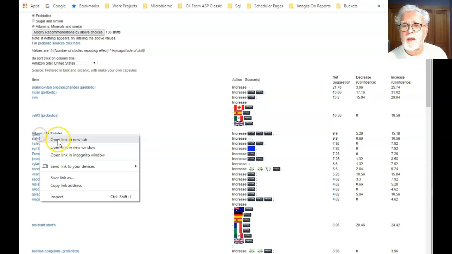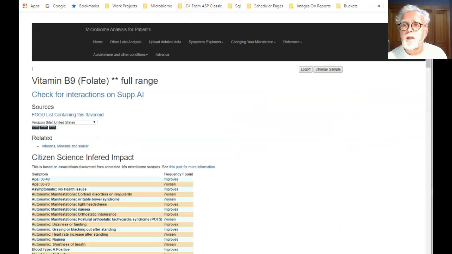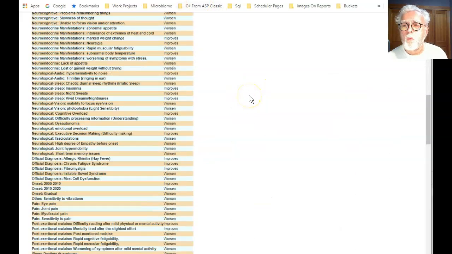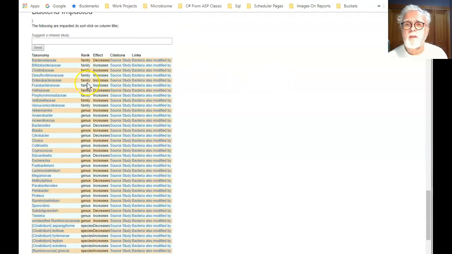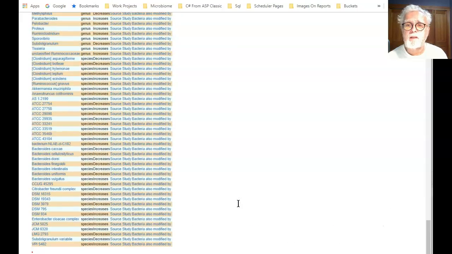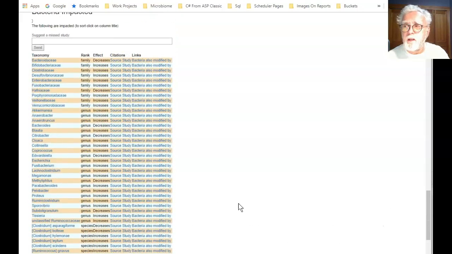If we look at one of these, like B9 folate, we'll find down below a list of the bacteria that it impacts. Does it increase or decrease it? So we have two long lists which we effectively have to shuffle together, sort them, do a matchup, compensating one for the other, and come up with the best suggestions.